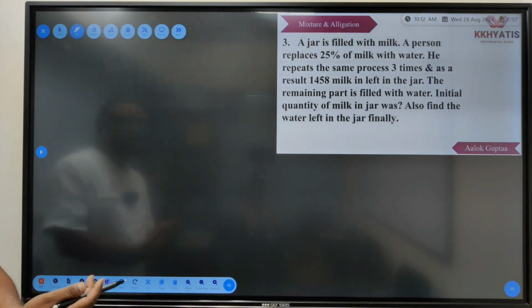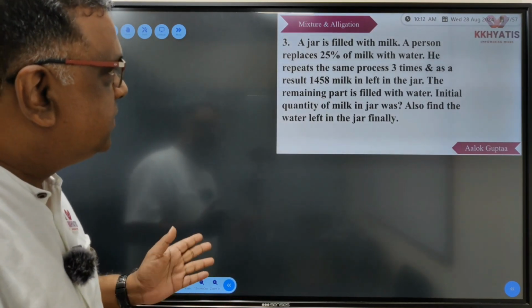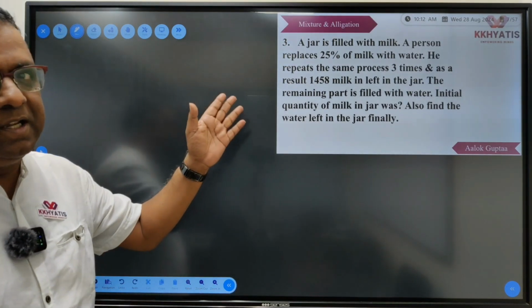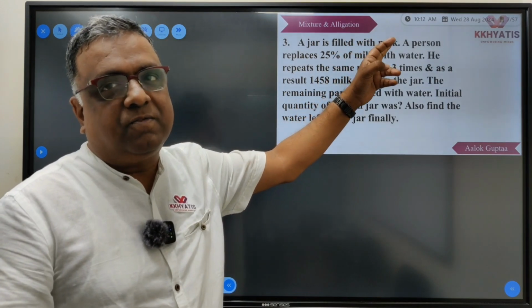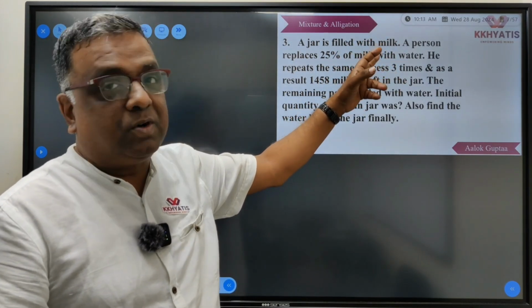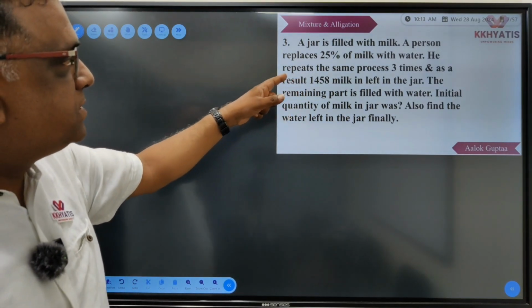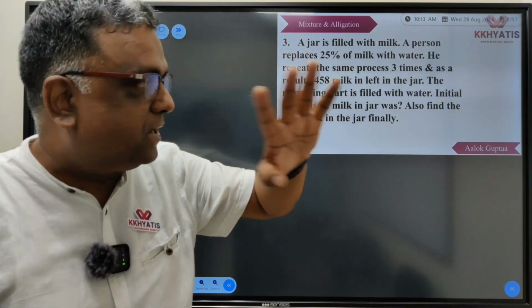Next. A jar is filled with milk. A person replaces 25% of milk with water. Now, one thing I'm noticing here is in previous questions, the initial quantity of milk was always given. Here, the initial quantity is not given. Maybe they will ask us that. He repeats the same process 3 times, which means he has conducted the process 4 times.